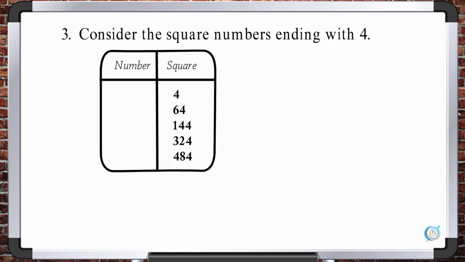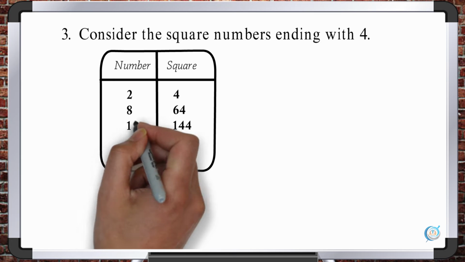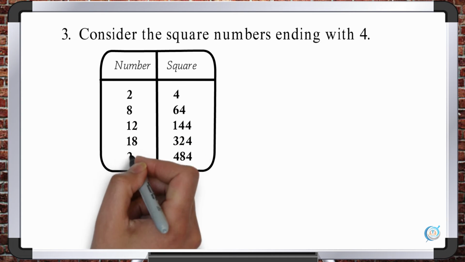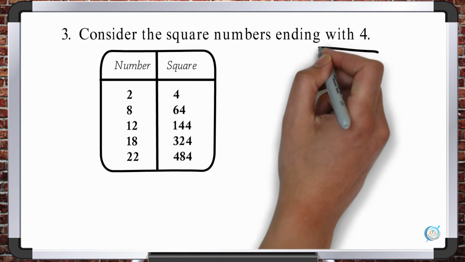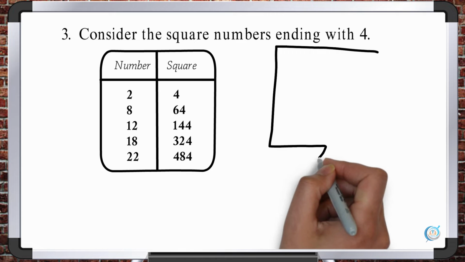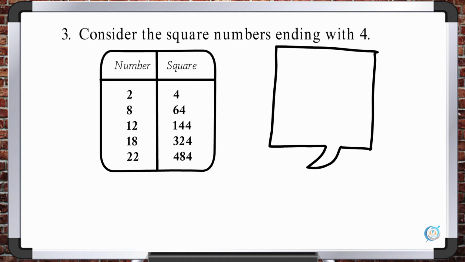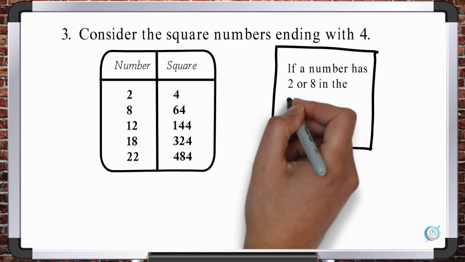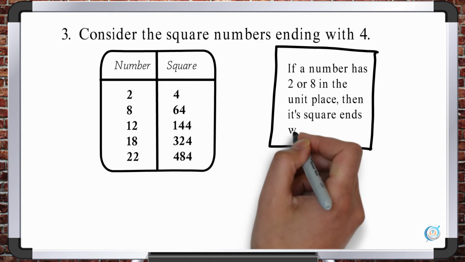So 4 is the square of 2, 64 is the square of 8, 144 is the square of 12, 324 is the square of 18, 484 is the square of 22. From this we can say that if a number has 2 or 8 in the unit place, then its square ends with 4.